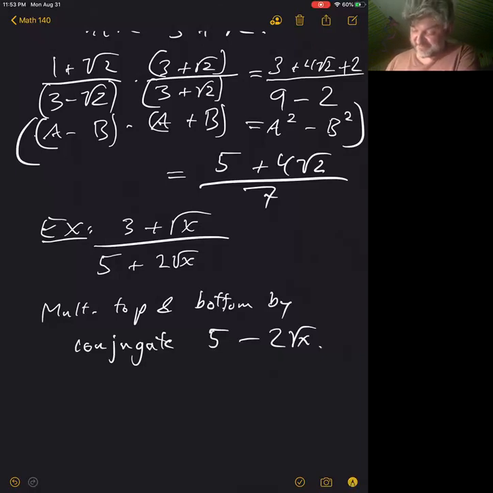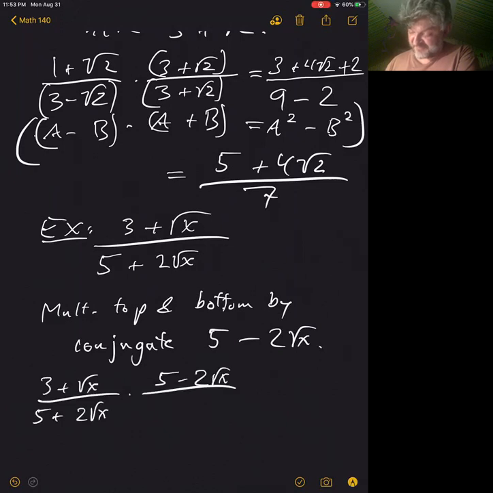So what do we get? 3 plus square root x divided by 5 plus 2 square root x times 5 minus 2 square root x divided by 5 minus 2 square root x. And don't forget to imagine those parentheses before you actually do the multiplying. Okay, this is how we multiply fractions.